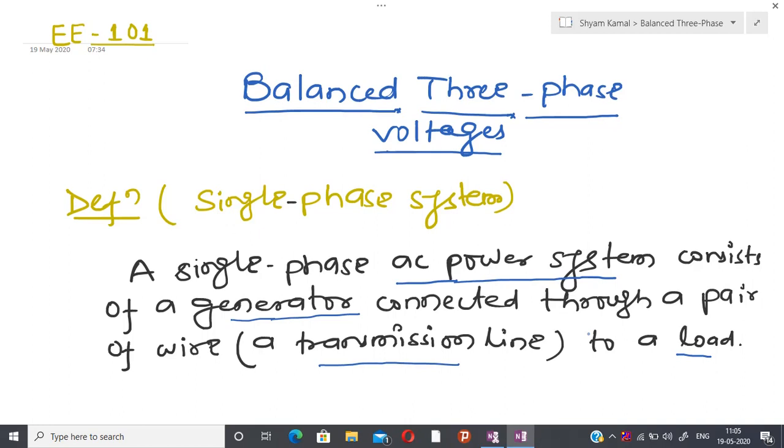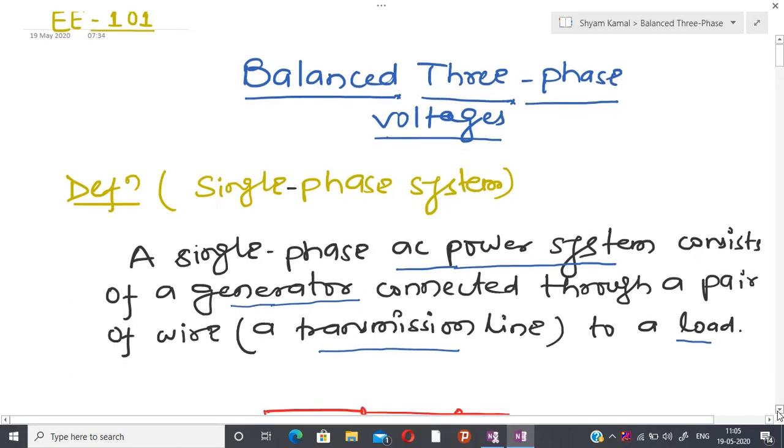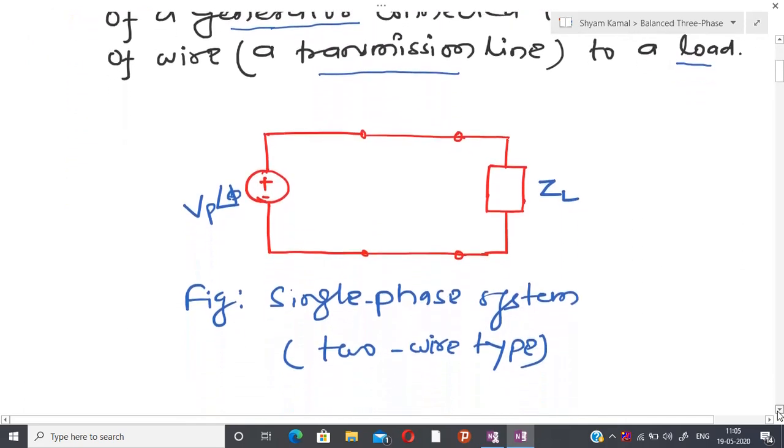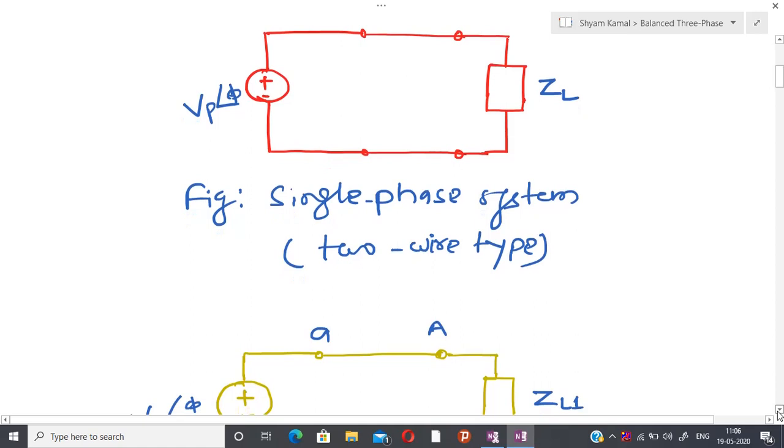So basically this module is called the single phase system, and till now we have analyzed the single phase system, and this is the equivalent diagram of the single phase system.